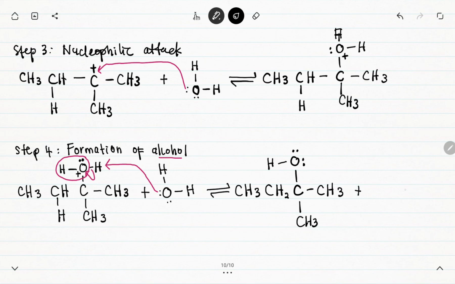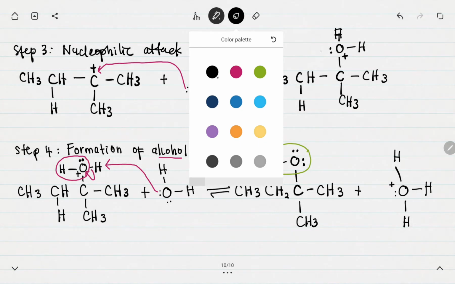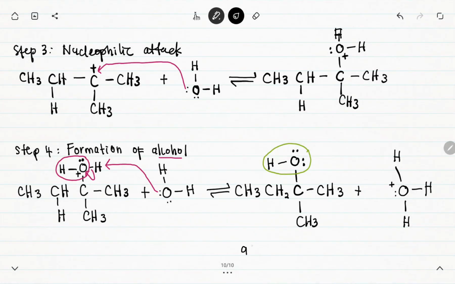And our side product, the catalyst H3O+, forms again. So we can conclude the catalyst is not consumed at the end of the reaction, but it helps the chemical reaction occur. We know the final product with OH was formed. So we can conclude this is our group of alcohol.